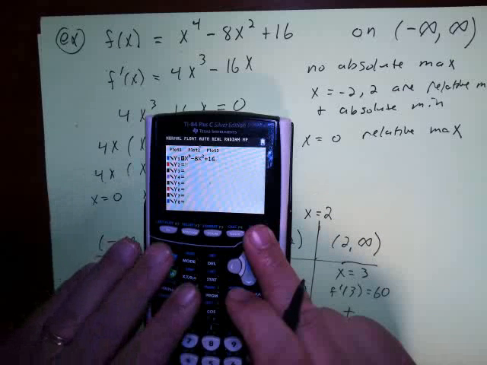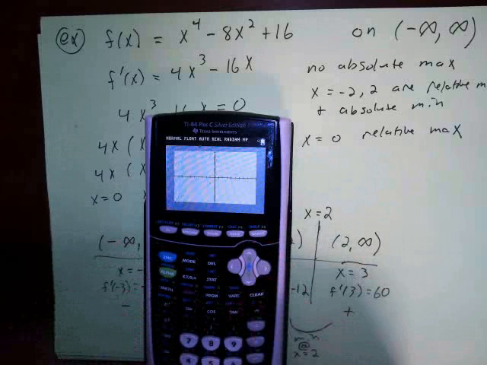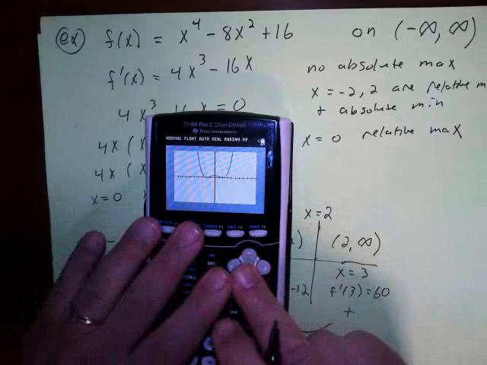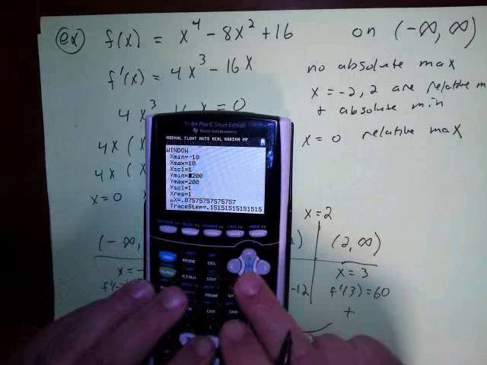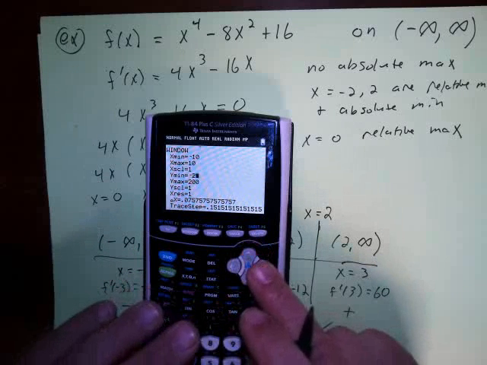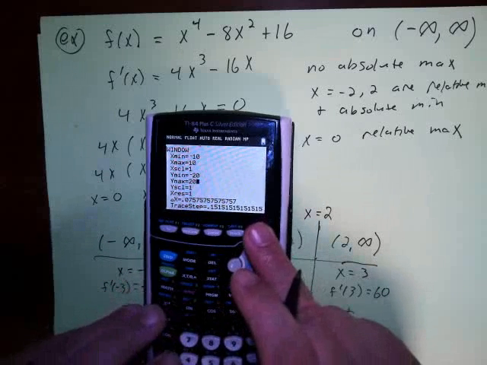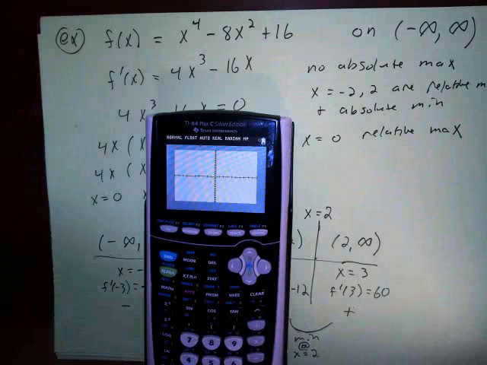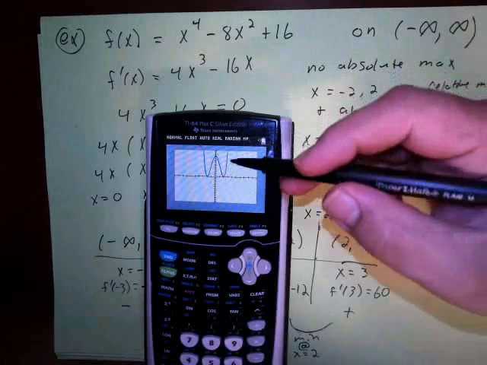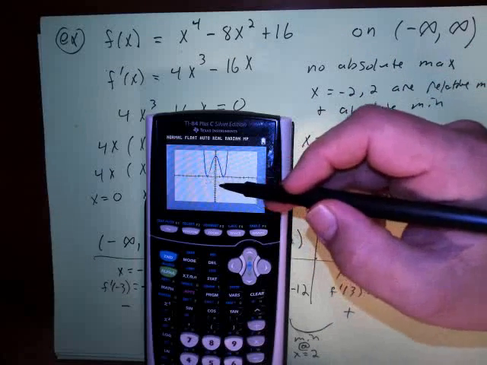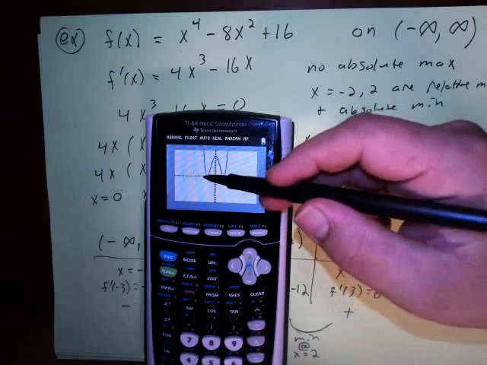Graphing here, my window probably doesn't show it well, so let me go from negative 20 to 20. That might give you a better idea. So the function looks like this, and those are the relative and absolute min and maxes.